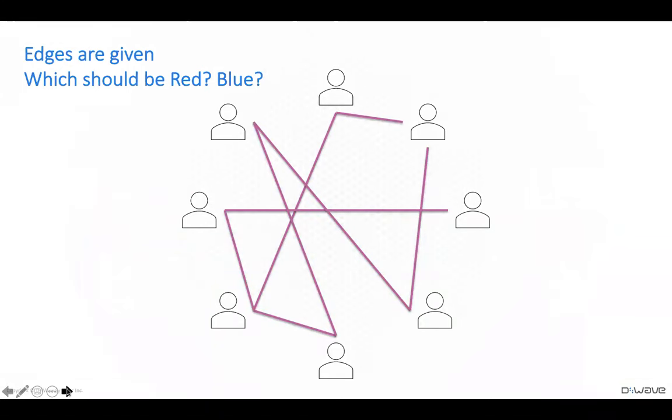And they're drawn here. In this case, you can see that there are 8 people drawn and there are relationships. So what we want to do is set up the reds and the blues to follow a certain principle, which is that we don't want the red and blue to have edges connecting them. In other words, we want as few red-blue connections as possible.